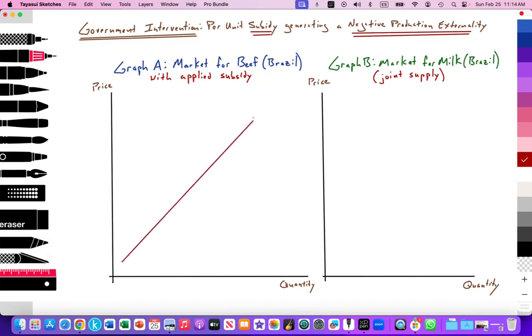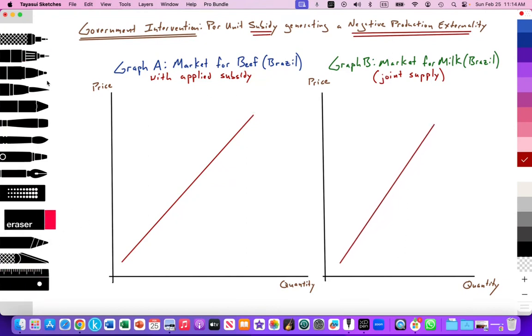I'll draw my upward sloping supply curve in both models. That would be supply equal to marginal cost. So I'll call it S1 equal to the marginal cost of production. And I'll call this S3 equal to the marginal cost of production.